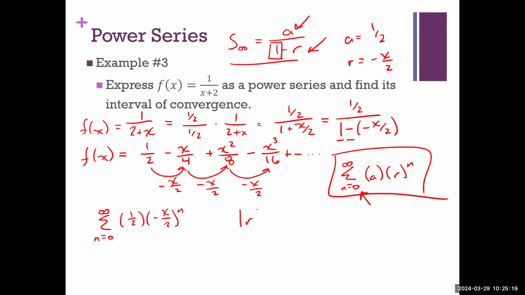They converge when the absolute value of r is less than 1. And we know that our value of r is negative x over 2. So from here I can say -1 is less than x over 2, which is less than 1.